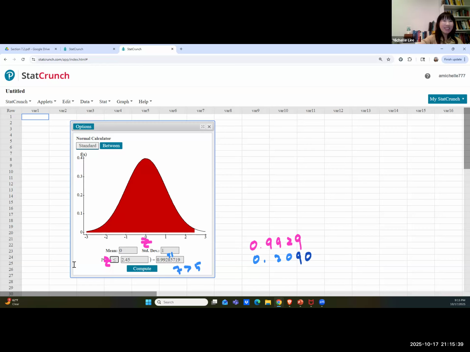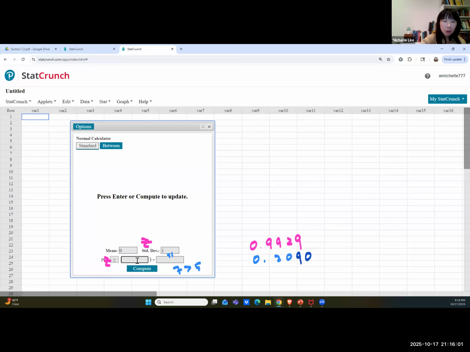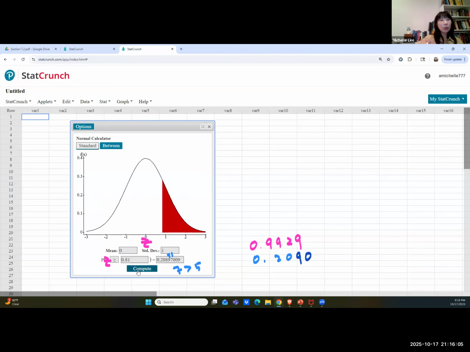Now, second one, z-score is greater than 0.81. Here is the z-score. Z-score is 0.81, almost 1. And right side here, right? Okay. Let's take a look. Greater than 0.81. Compute.